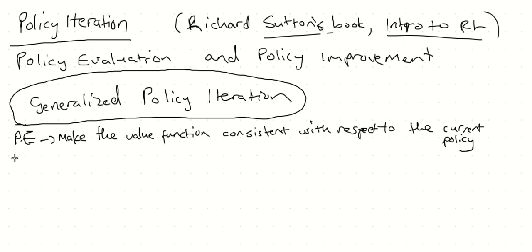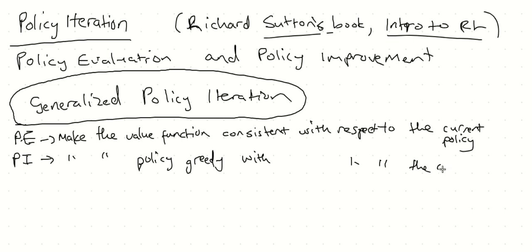And on the other hand, we have policy improvement. And what are we doing here? In the gist of policy improvement, we're trying to make the policy greedy with respect to the current value.